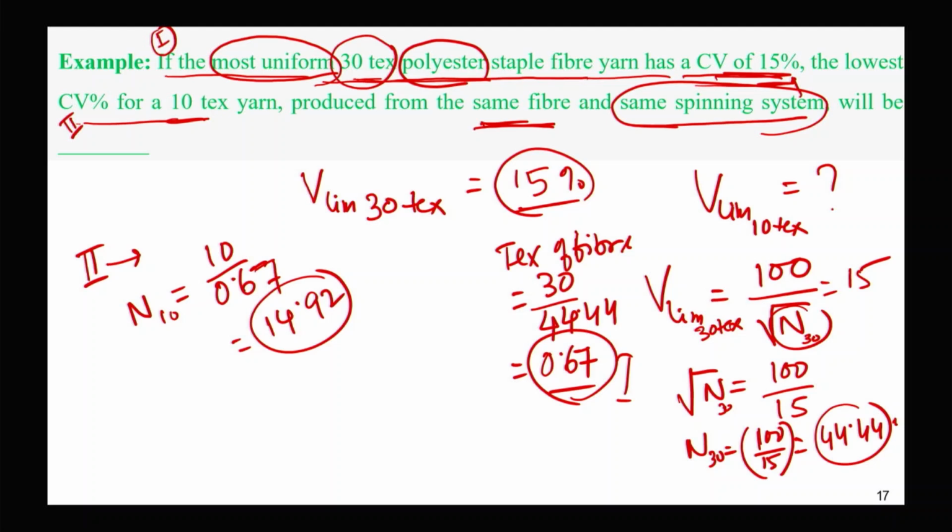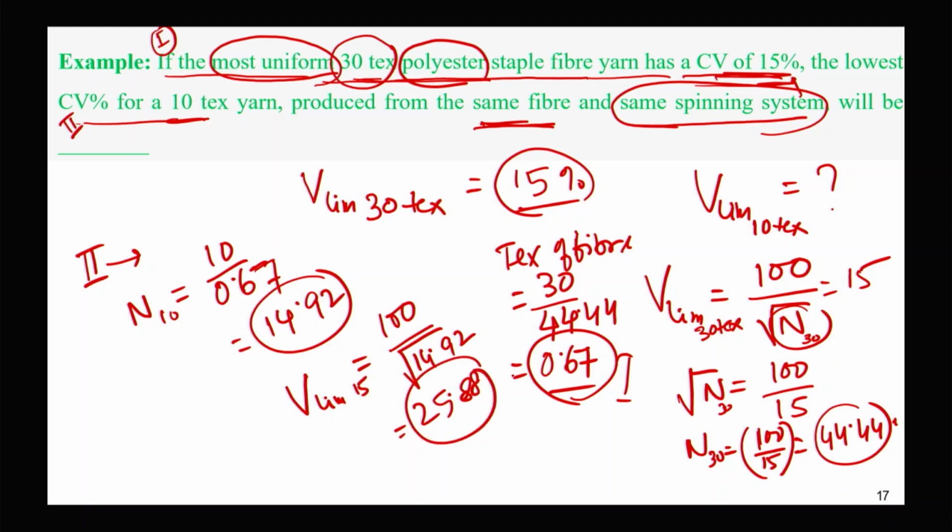So now we can calculate the limit irregularity. The limit CV is 100 by under root 14.92, it will become 25.88.